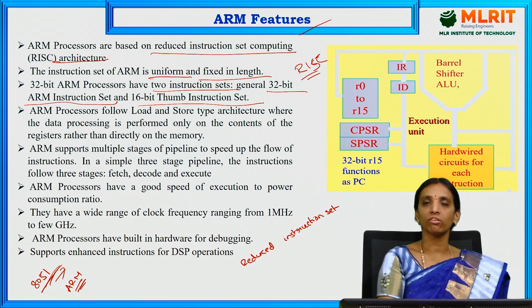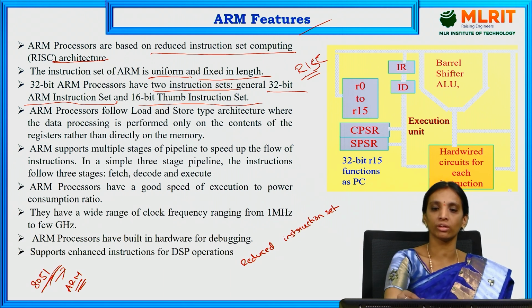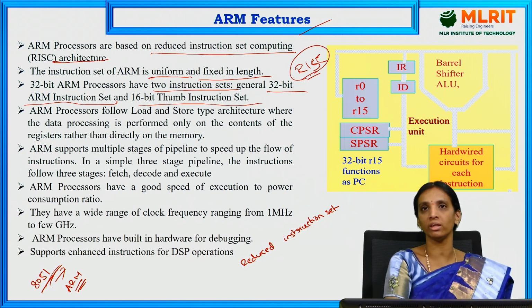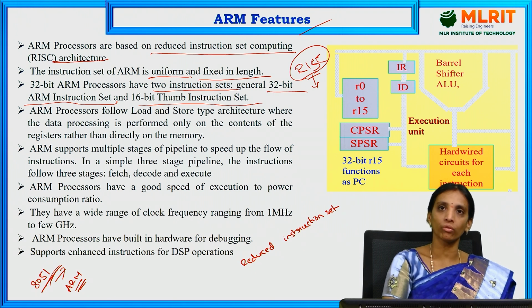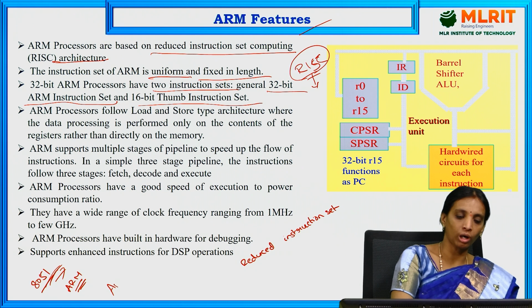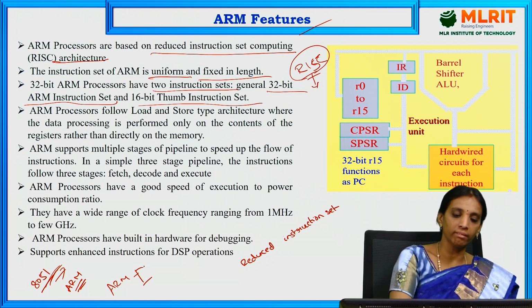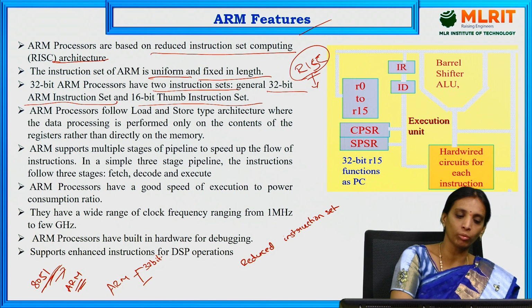We have discussed that the ARM processor uses the reduced instruction set architecture. So how can we reduce the instruction set? Here this ARM is used with two types of instructions: one is the 32-bit mode, another one is the 16-bit mode.